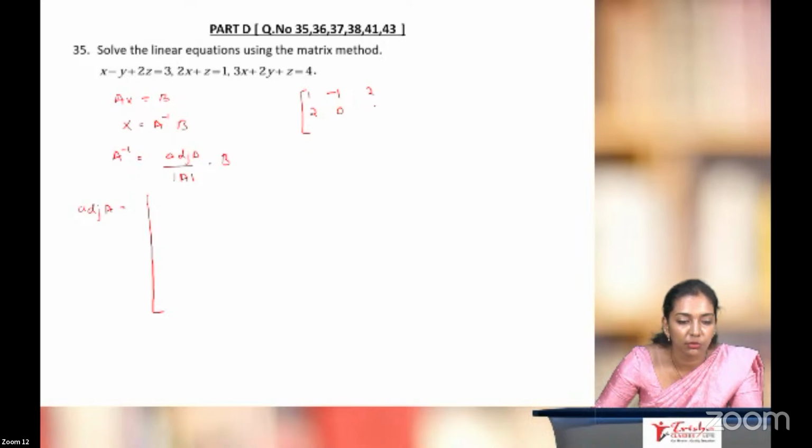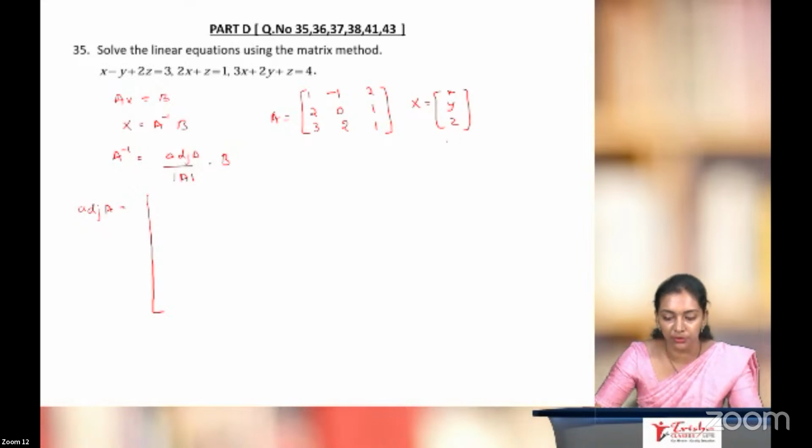Next you have 3, 2, and 1, that is 3x plus 2y plus z. This is the X matrix, x, y, z, and you have the B matrix, the constants 3, 1, 4.